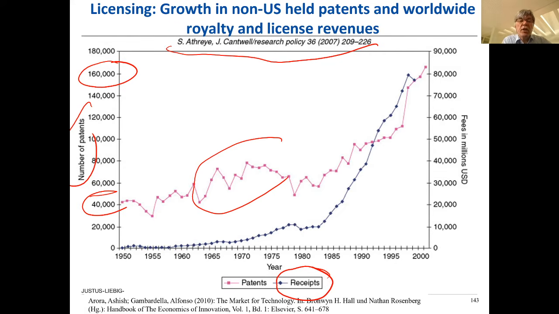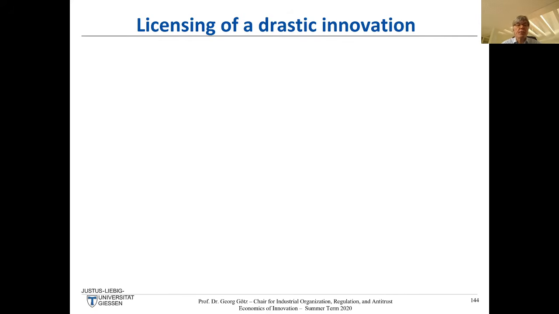And here you see the worldwide royalty and license revenue. For a long time until the 70s it was rather low, but now it's at 80,000 million. Okay, this is 80 billion. So this is really big business. Okay. So you see how valuable intellectual property is, and of course how valuable these patents are, because they award you this intellectual property.